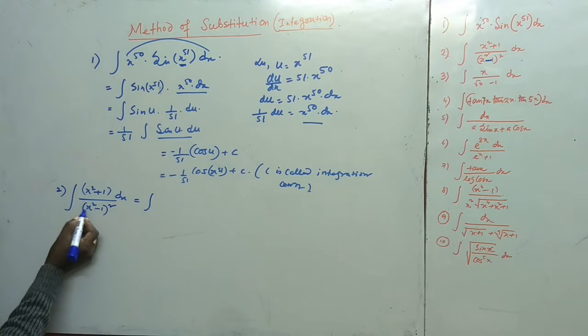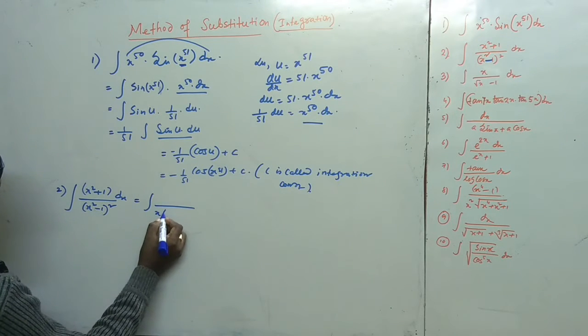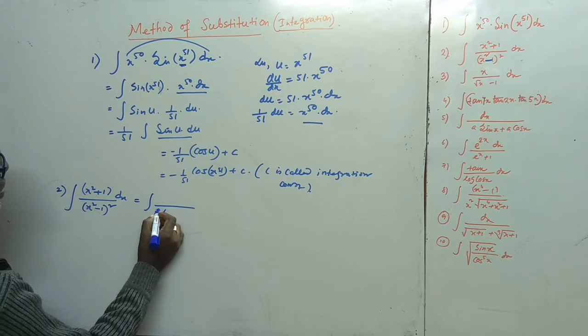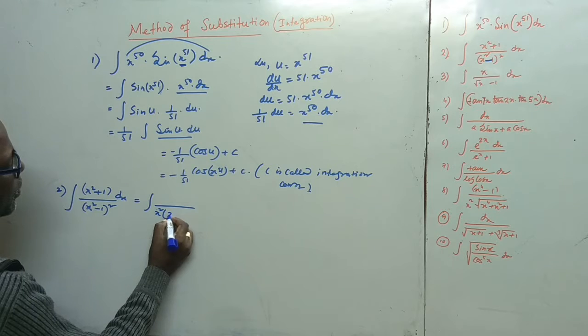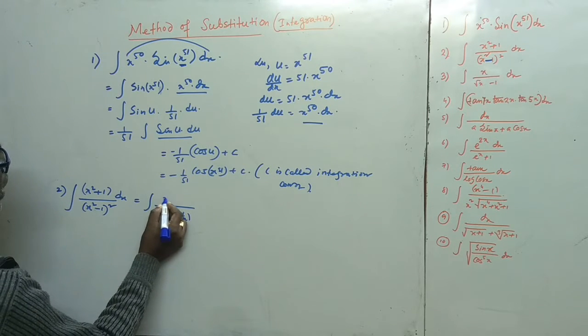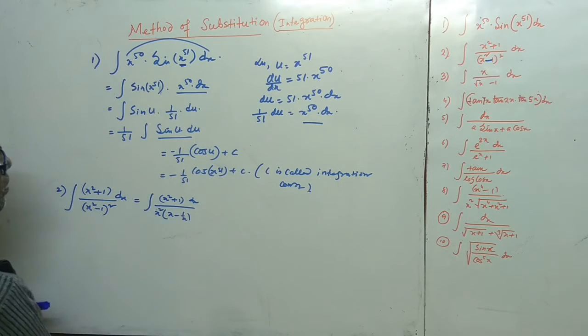So if we take a common x from here, what happened here? See, if we take a common x, then this is x square times x minus 1 by x, and x square plus 1 by x square minus 1.